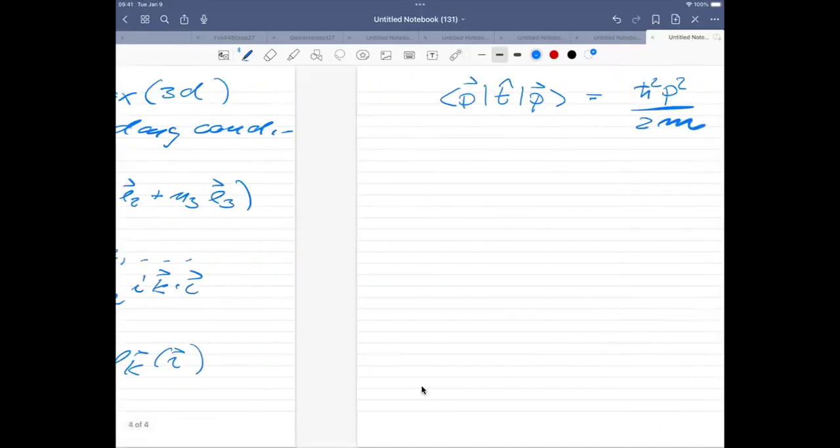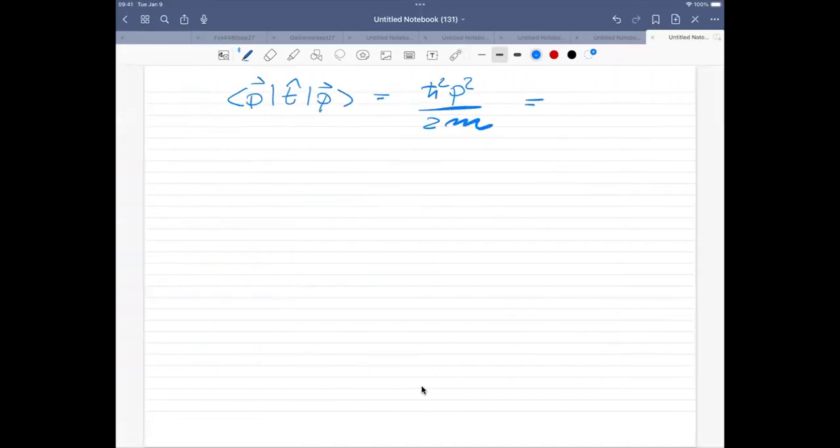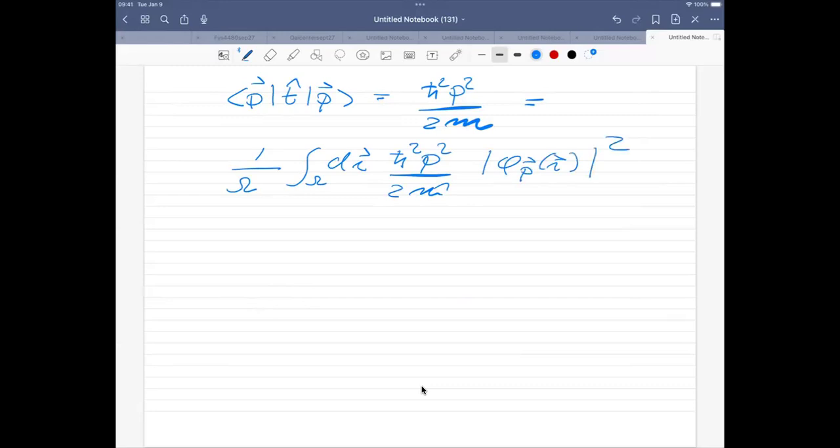So this expectation value is given by 1 over omega, times an integration over the values of r, where we have taken the operation of the second derivative on phi p of r, and this is the absolute value. Since these are just plane waves, this gives us something which is just h bar squared p squared divided by 2m.